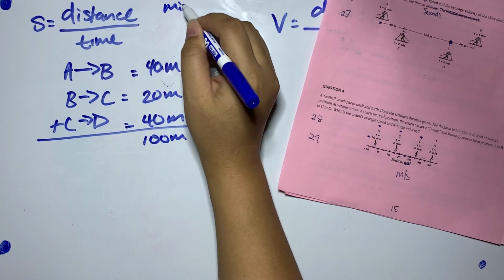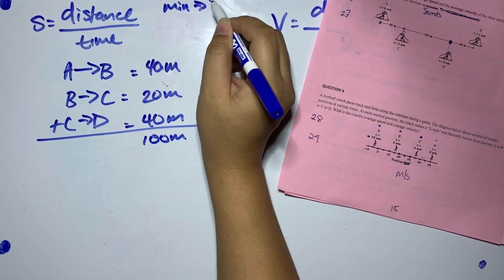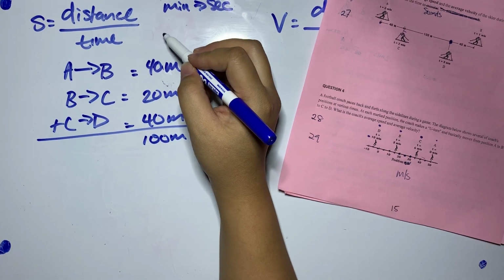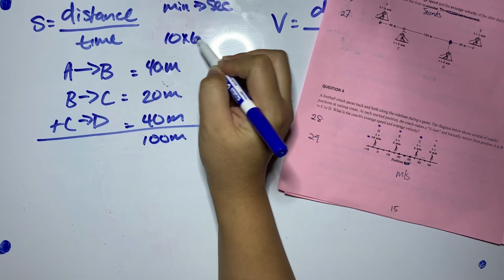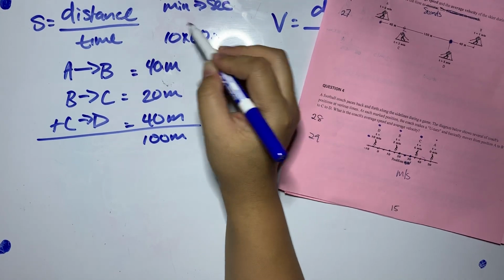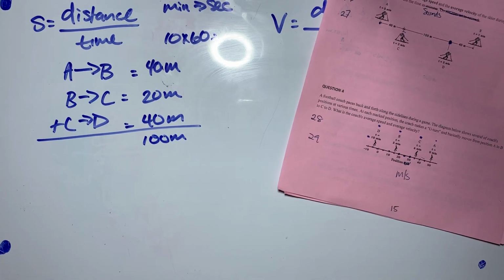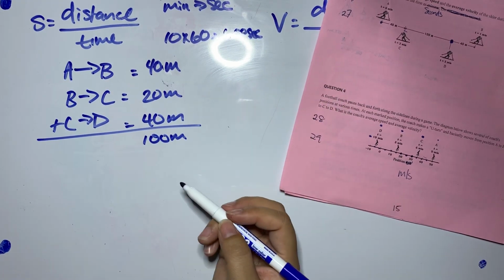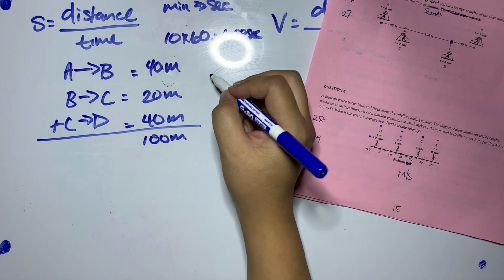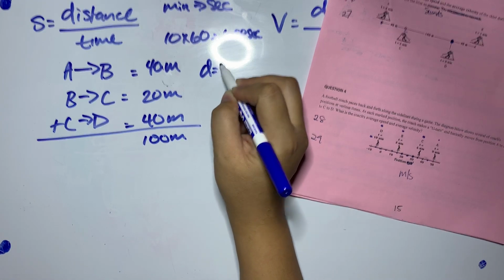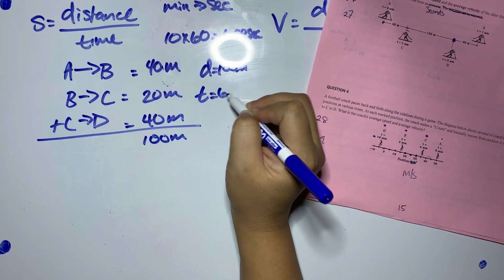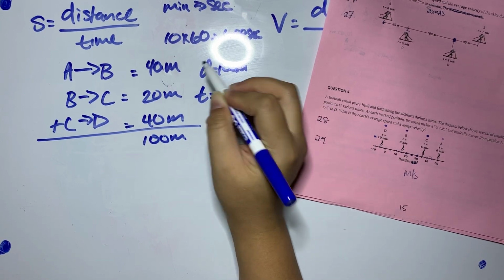So 10 minutes multiplied by 60 seconds is 600 seconds. My distance is 100, and my time is 600 seconds.